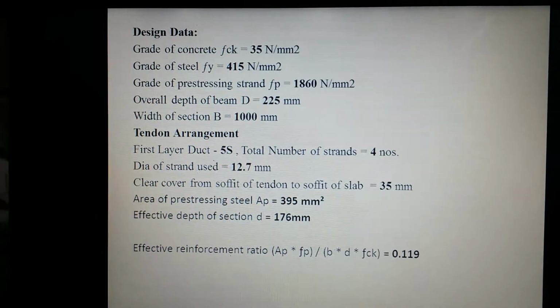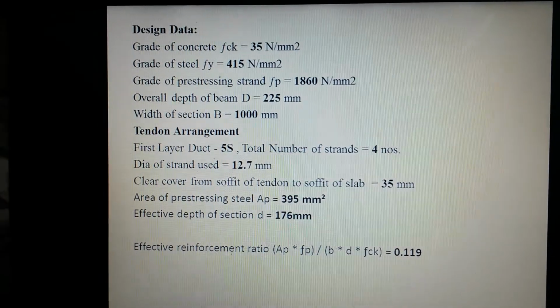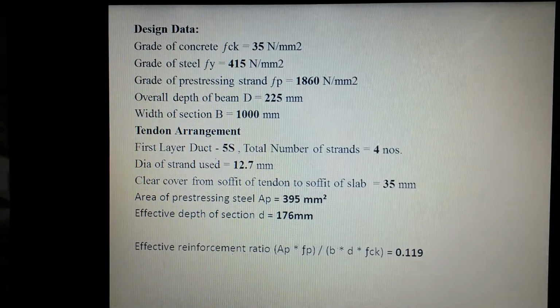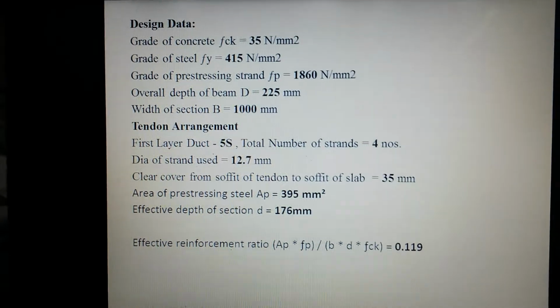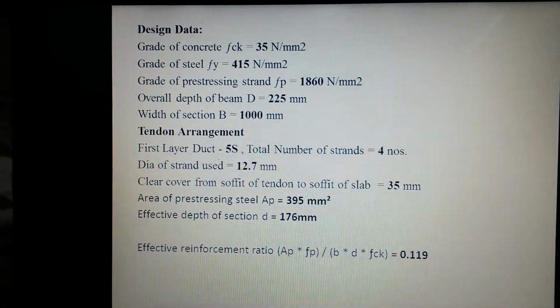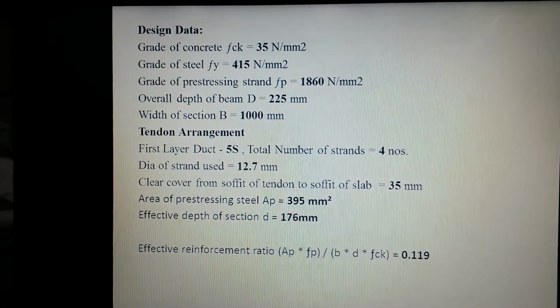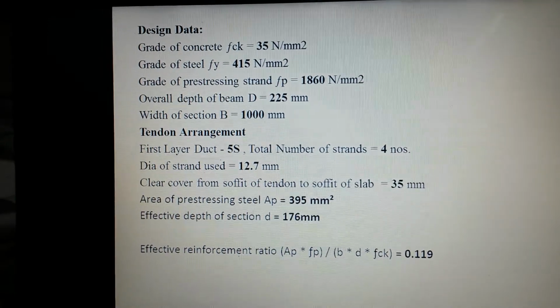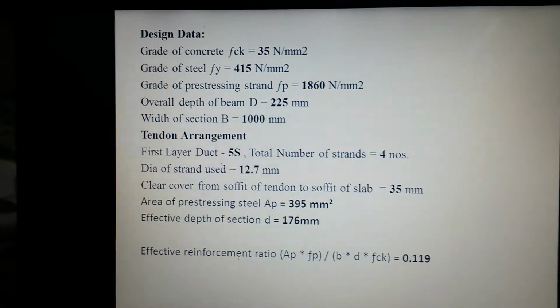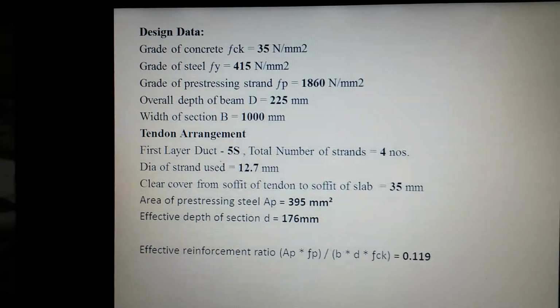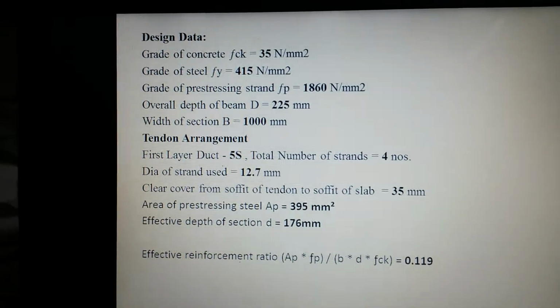The overall depth of the beam is 225 mm. Since we have provided all concealed beams, we have provided the same depth of the slab for the beam also. The width of the slab beam is 1000 mm.